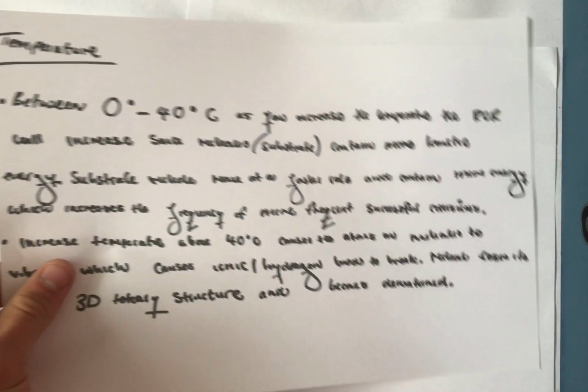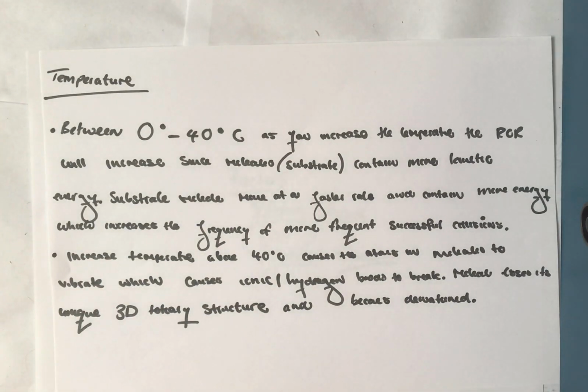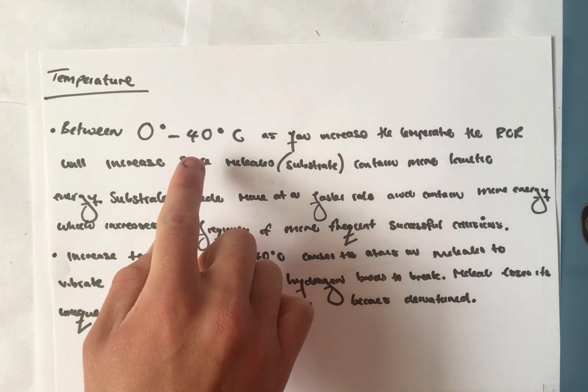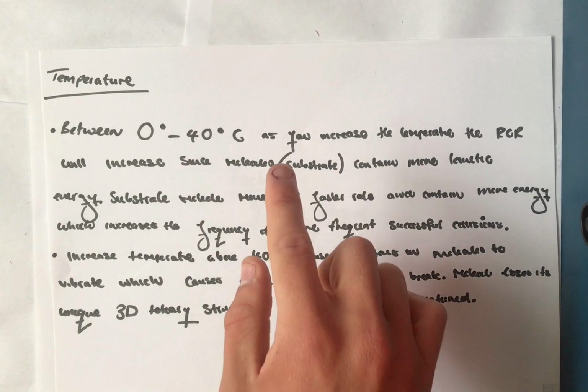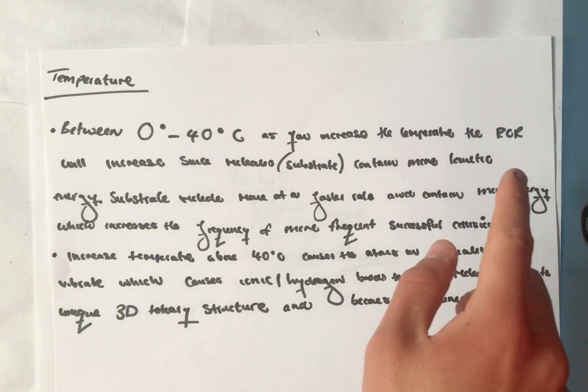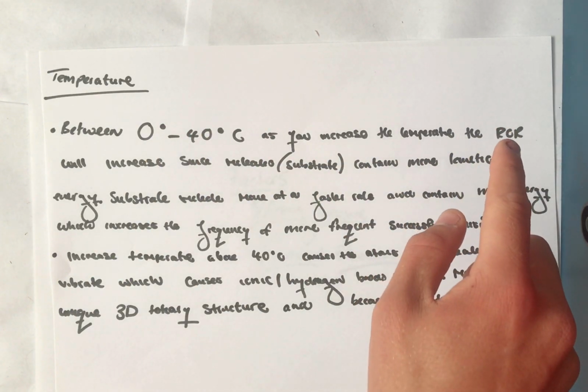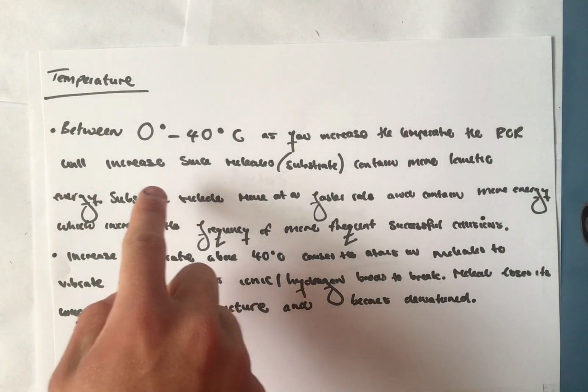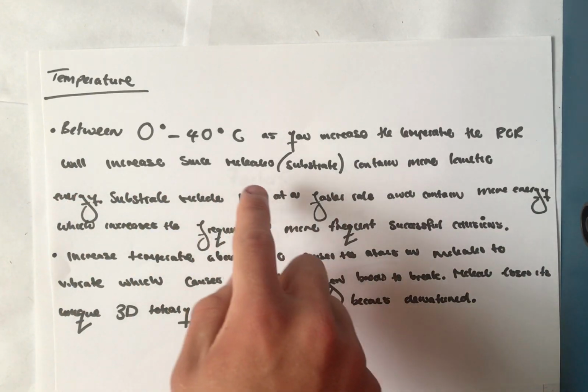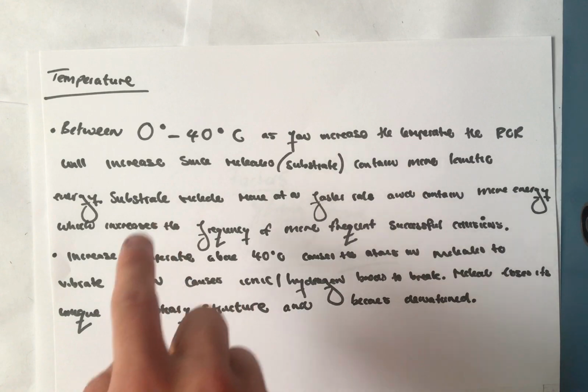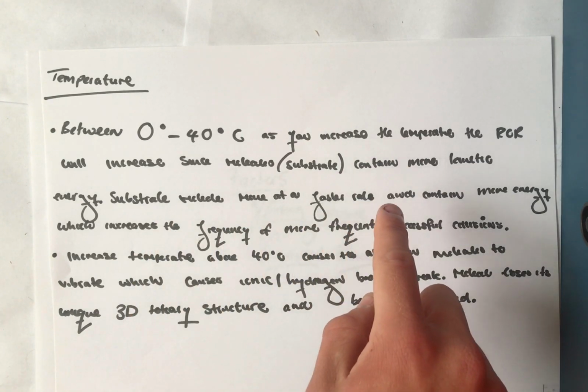We're going to be firstly looking at temperature. Between a temperature of 0 to 40 degrees Celsius, as you increase the temperature, the rate of reaction, this abbreviation just means rate of reaction, will increase since the substrate molecules will contain more kinetic energy and therefore will move at a faster rate.